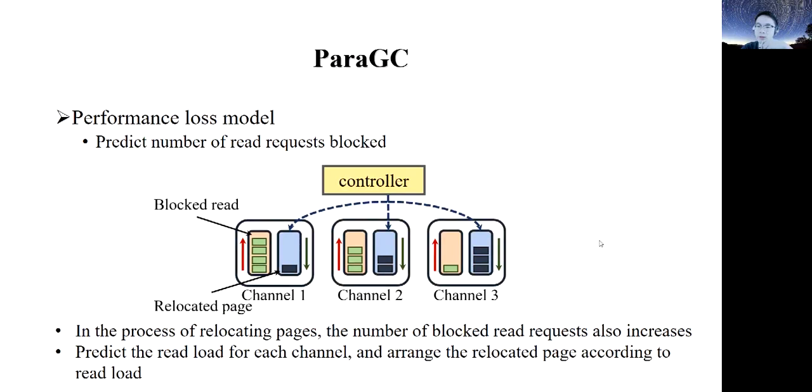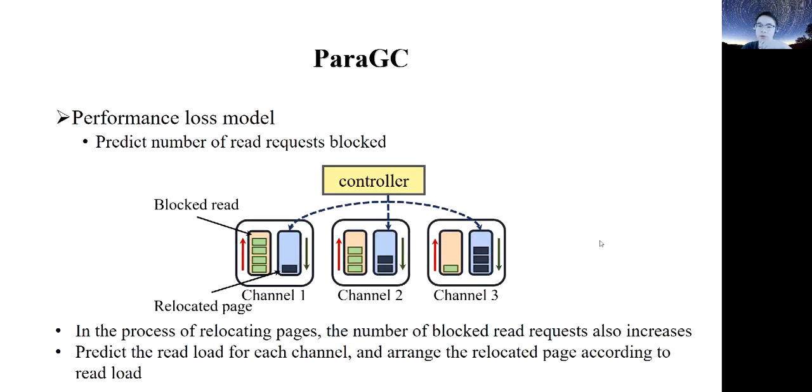So based on this, we should first predict the read load of each channel, which is the frequency of read request access, and then distribute more relocated pages to channels with lower read load. We record the read access frequency of the channels in the recent period to estimate the read load of each channel.